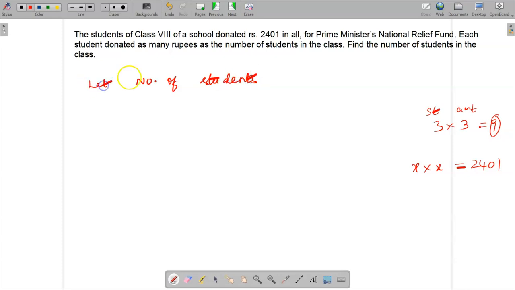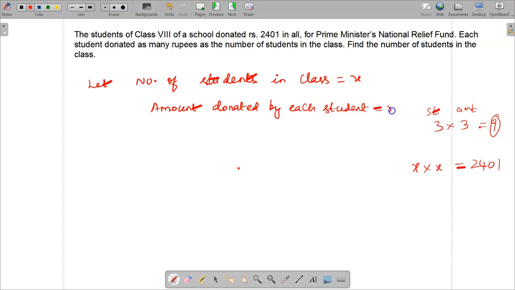Let the number of students in the class be equal to X. The amount donated by each student is equal to X, right?